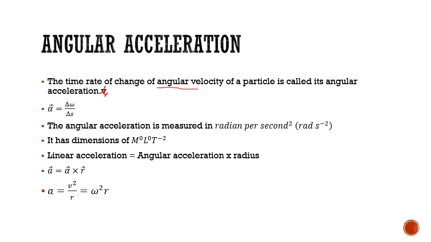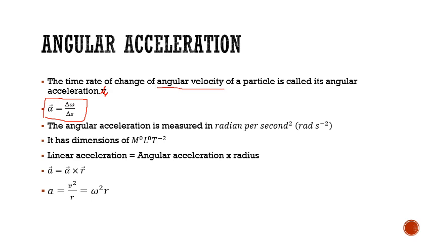How fast your angular velocity is changing is known as angular acceleration. It is denoted with alpha. Now alpha equals del omega by del t, where del omega is the change in angular velocity.